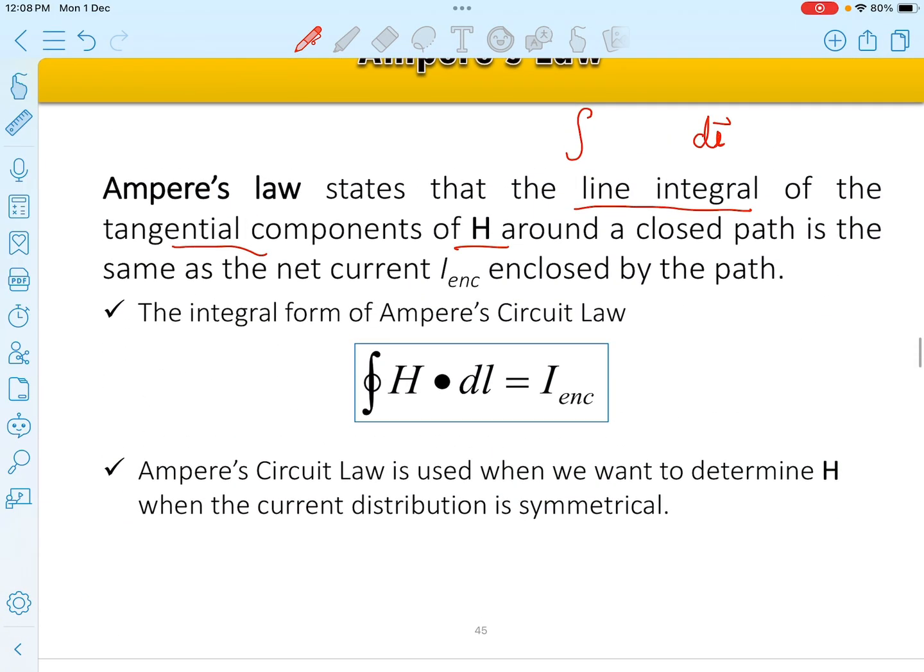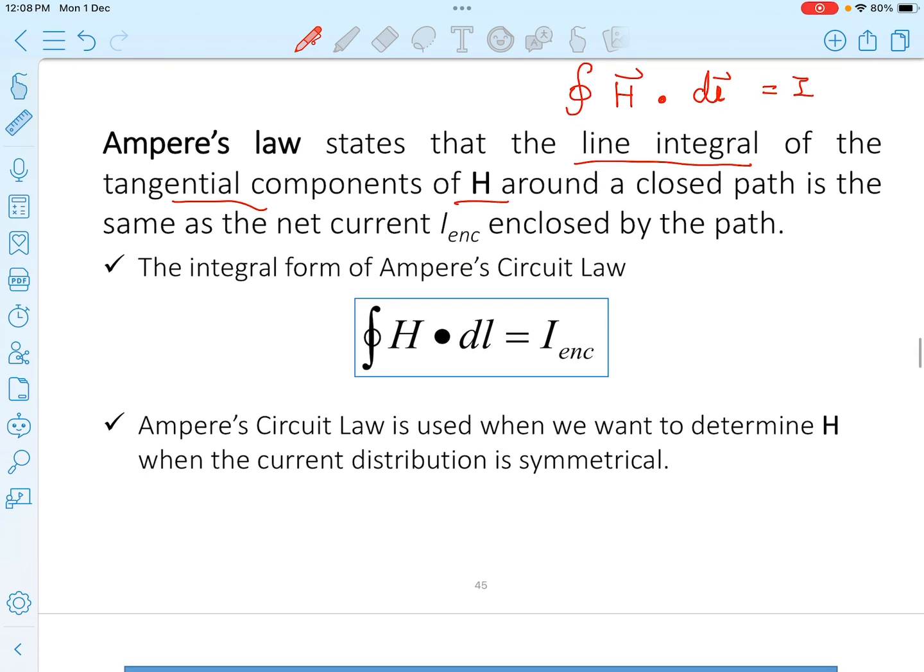The tangential component of H around a closed path is the same as the net current that is enclosed by the path. This is basically Ampere's law.